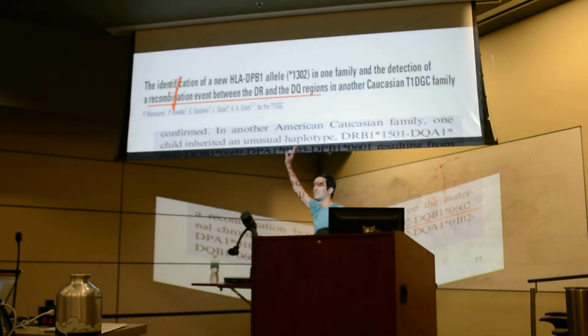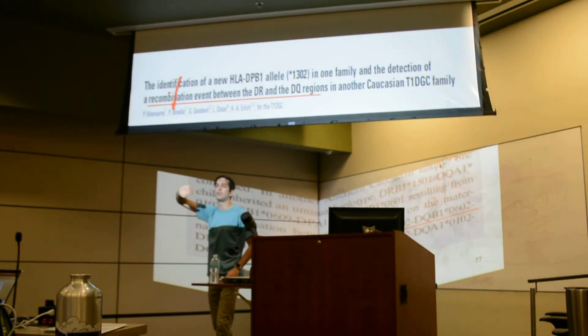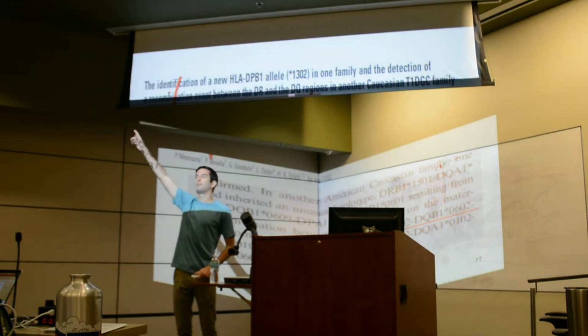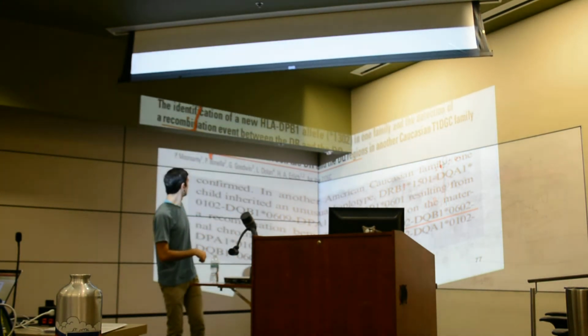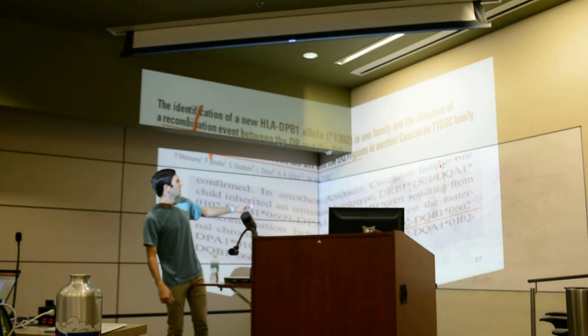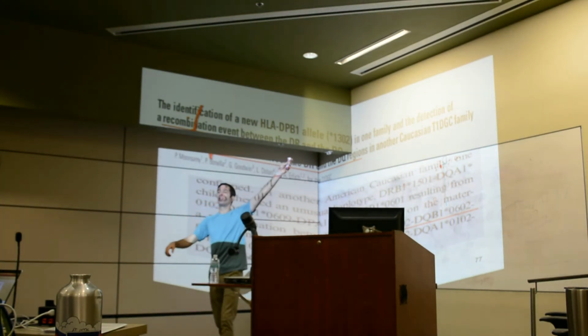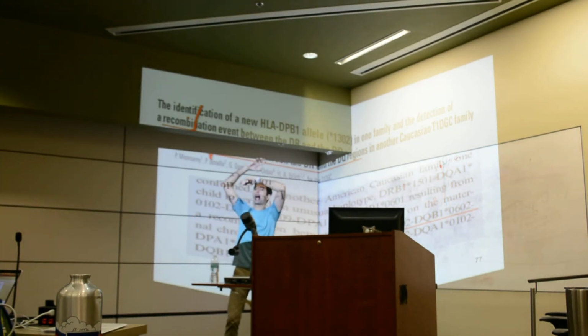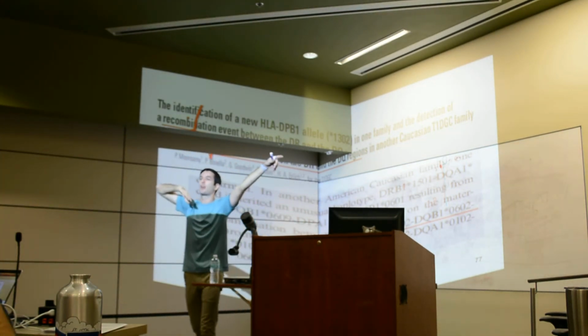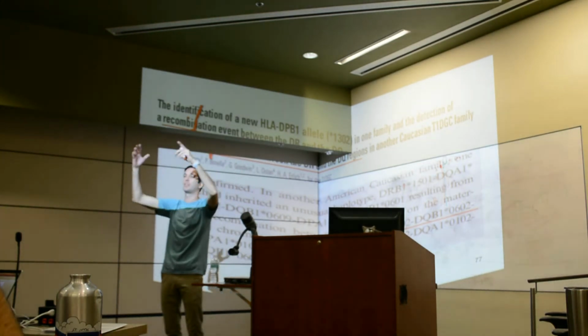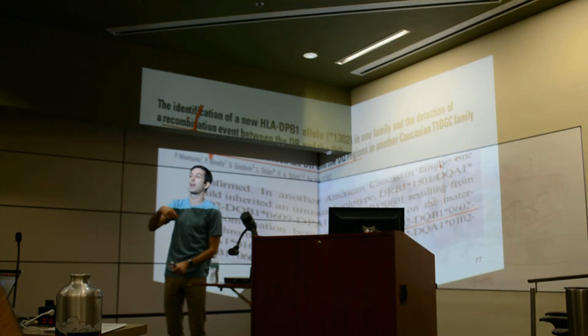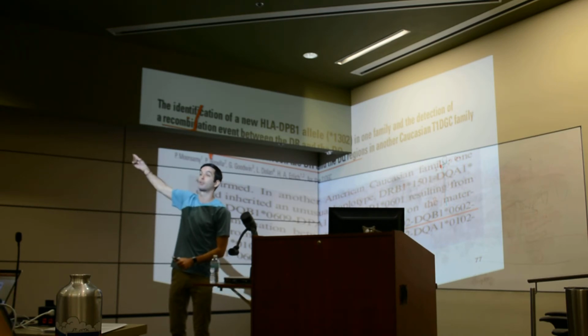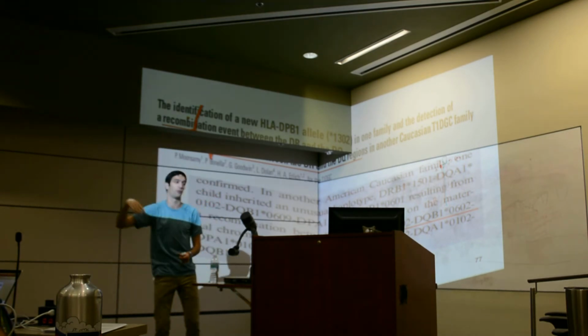What this slide is telling you is they took from the mom, I think it's maternal in this case, they looked at what her haplotypes were for this DQ-DR haplotype, and then they compared it to what the child had. So they're looking at the child's maternal chromosome that came from the mom. They used hers as basically the blueprint.